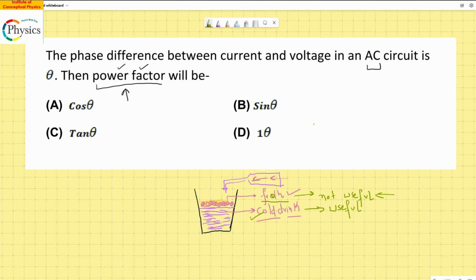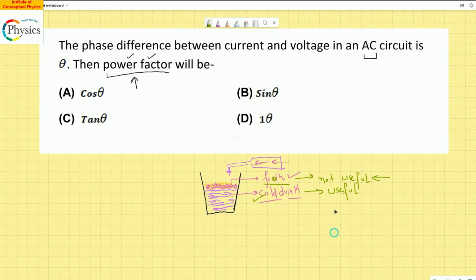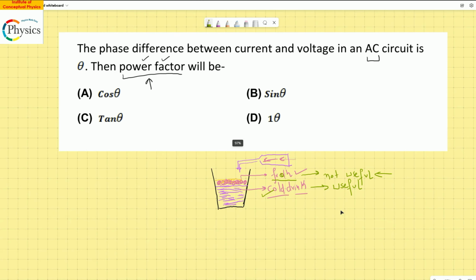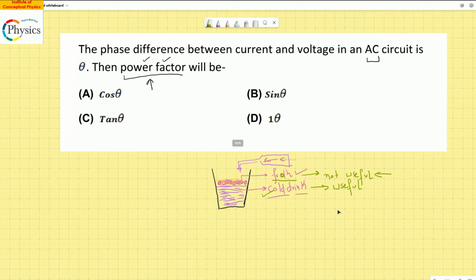Now, why did I explain the concept of a cold drink to make you understand the concept of power factor? There is a reason. See, the alternating current electricity which you get in your home, when it comes to your house, and you have, for example, a motor in your house. The motor is something called an induction motor.